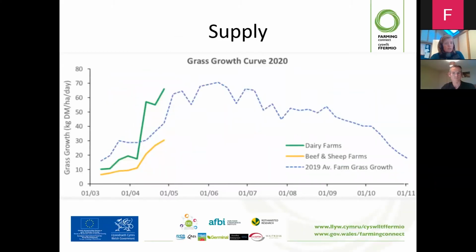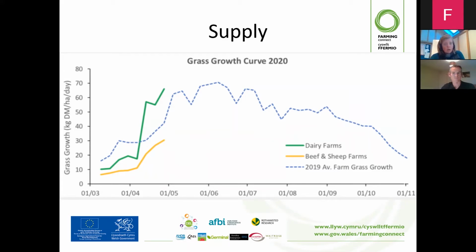This is just another example of some data. This is actually from across Great Britain. So this project is funded by AHDB and HCC and QMS from a beef and lamb perspective, and others from the dairy side. So this graph here talks about what grass growth is doing, and what's useful about this is it has a comparison with what was happening this time last year.